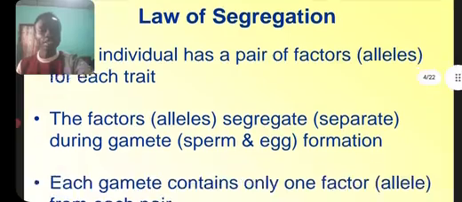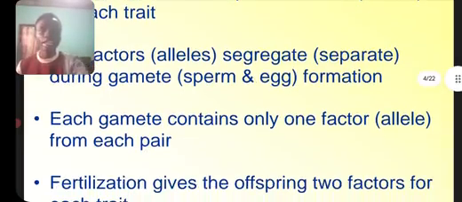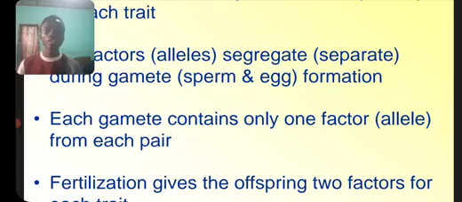The factors, or alleles, segregate or separate during gamete formation, and each gamete contains only one factor from each pair. Only one factor from each pair, like we saw right here.